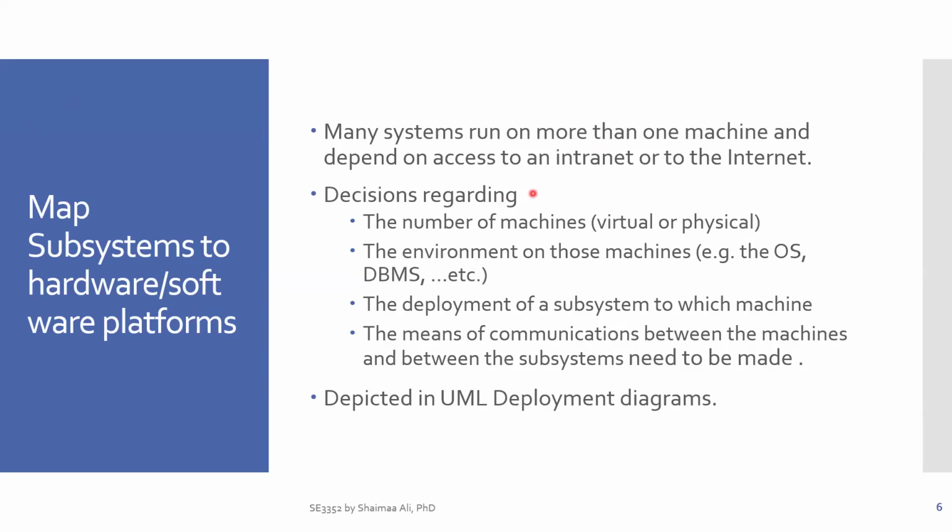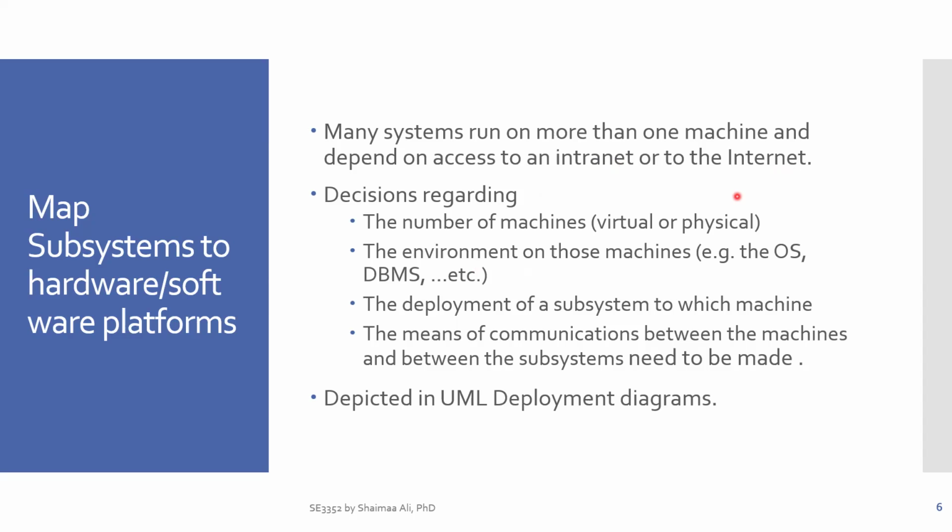So these machines obviously need to communicate with each other, with some sort of connection, either through intranet or internet. So some connectivity between these devices is needed so that the components running on them can communicate with each other and run together as a whole system.